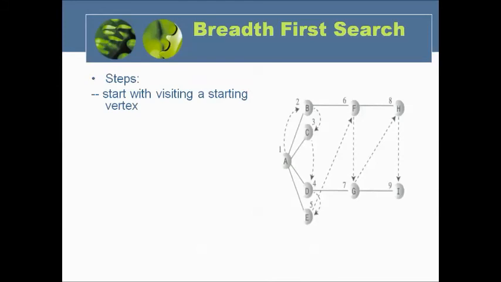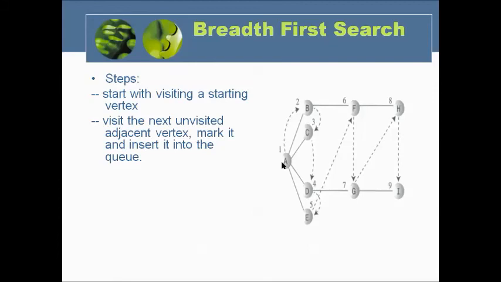So the steps: start with a visiting vertex. So what is the visiting vertex natin? We have, again, letter A. Visit the next unvisited adjacent vertex. So what is the next?